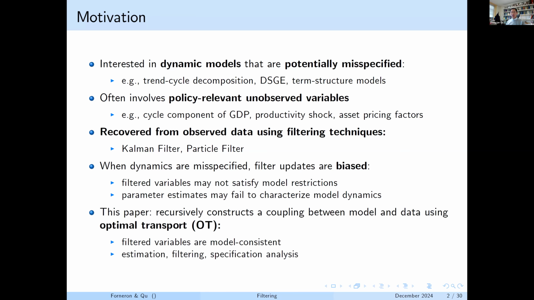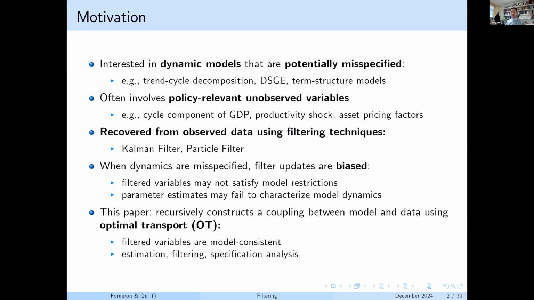So our approach to address this bias issue is to use optimal transport. What we do is try to build a coupling between data and model in a dynamic way so that the filtered variables will be model consistent by construction.